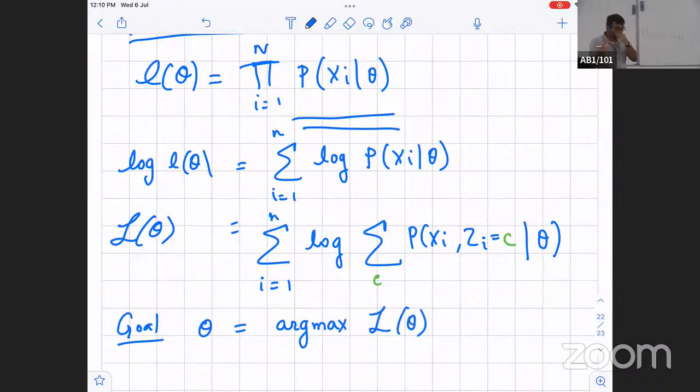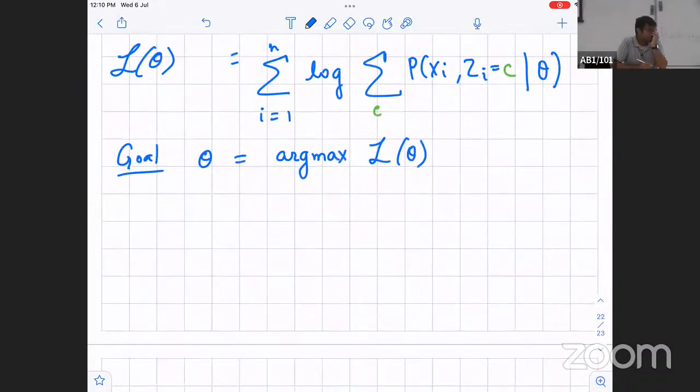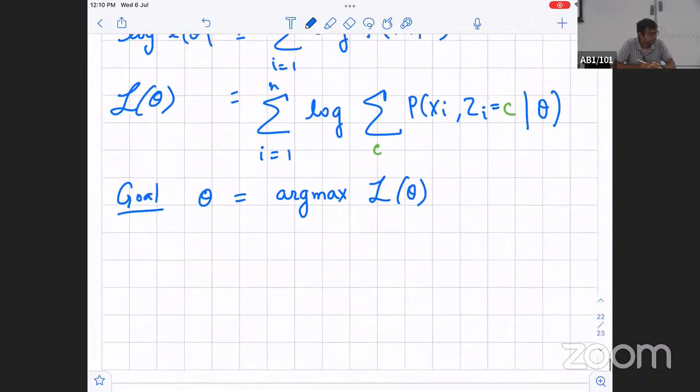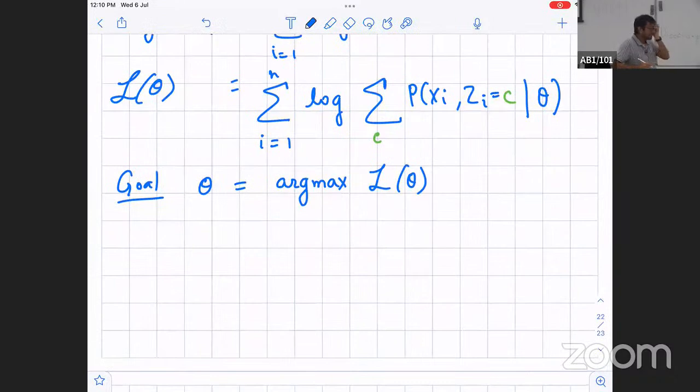I need to have some procedure to maximize this L of theta. You can use something like gradient descent here, but we will try to do it analytically.